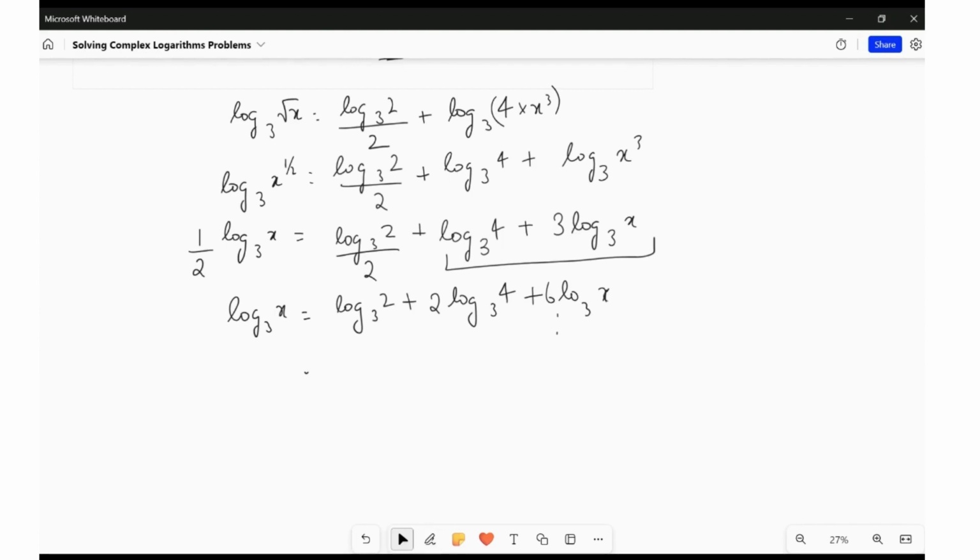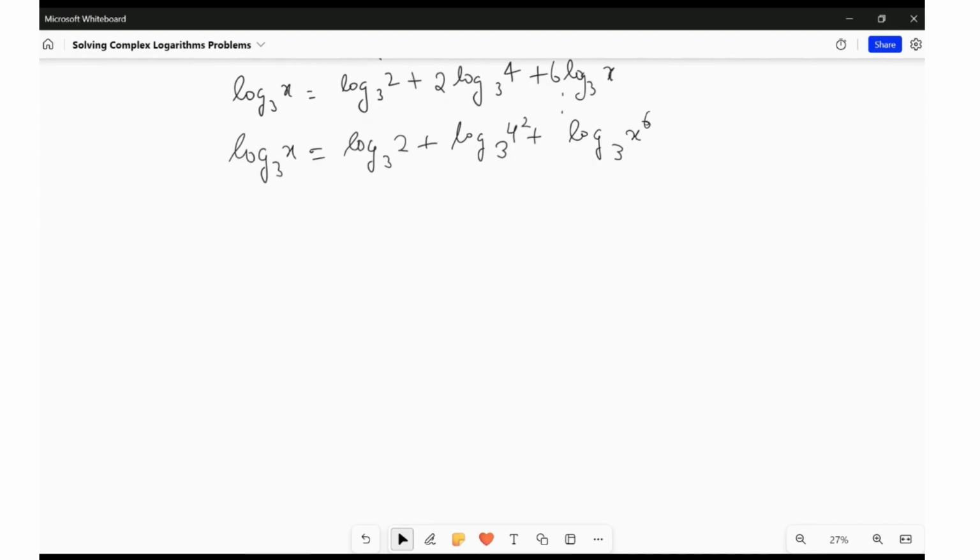Now it becomes log x base 3 is equal to log 2 base 3 plus log 4 square base 3 plus log x power 6 base 3. Now it's very simple.